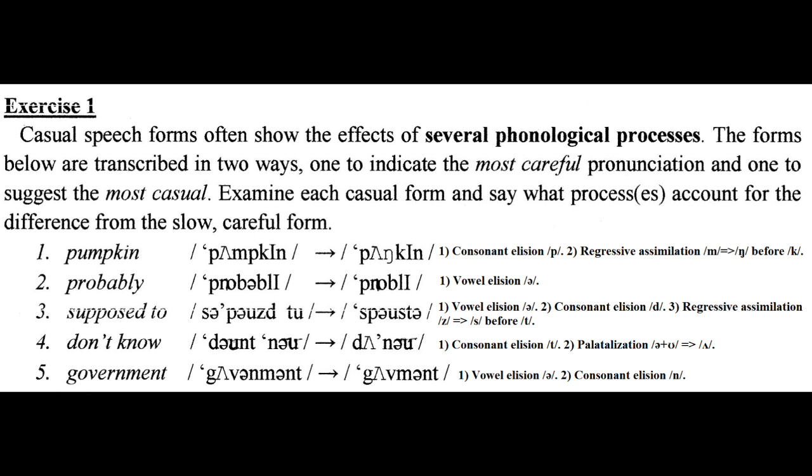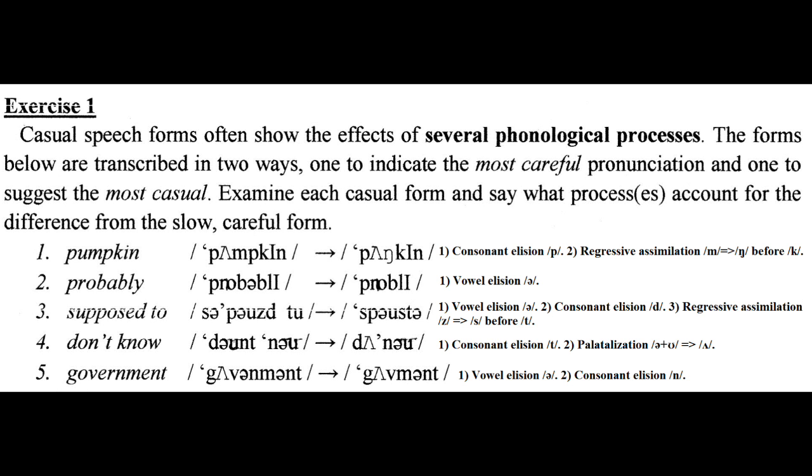Instead of "supposed", it becomes "sposed". Another process is consonant elision. We have omitted the d from the consonant cluster z, d, t at word boundaries. When we have omitted the d, and then the t, another process will occur, which is regressive assimilation.